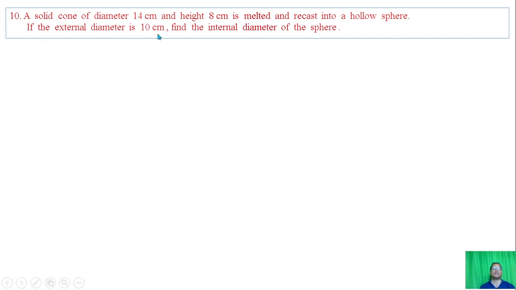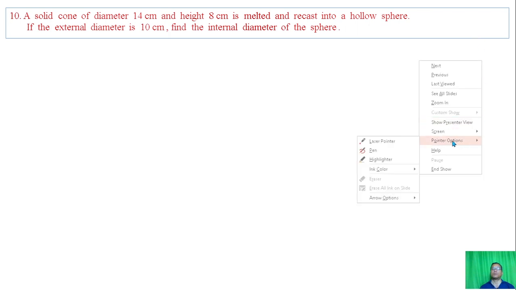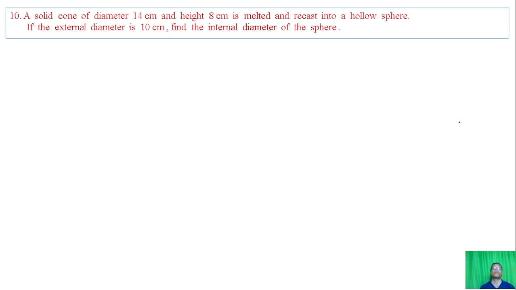If the external diameter is 10 centimeter, find the internal diameter of the sphere.